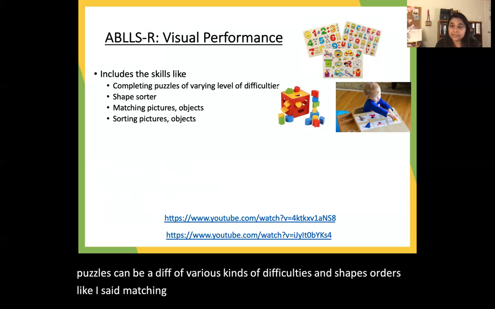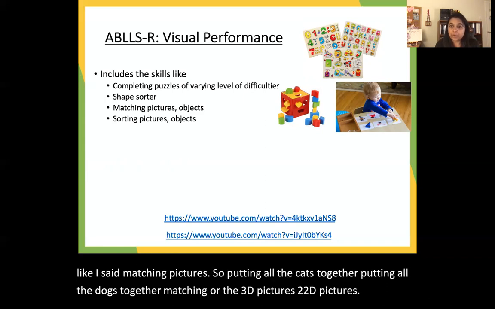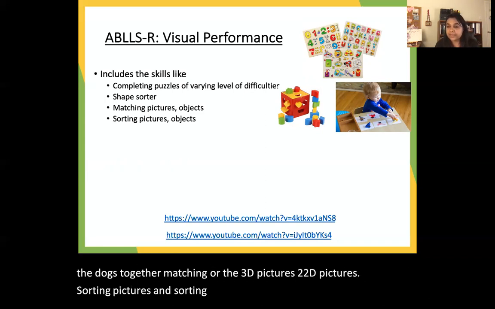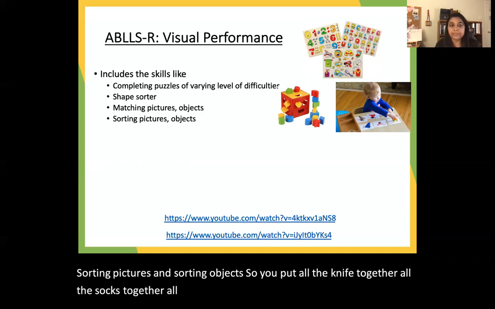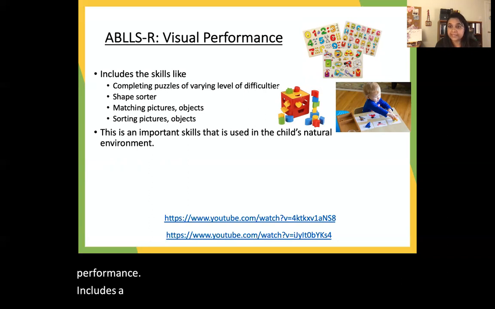So putting all the cats together, putting all the dogs together, matching 3D pictures to 2D pictures, sorting pictures and sorting objects. You put all the knives together, all the socks together, all the handkerchiefs together. Visual performance includes a lot of these activities in increasing complexity.